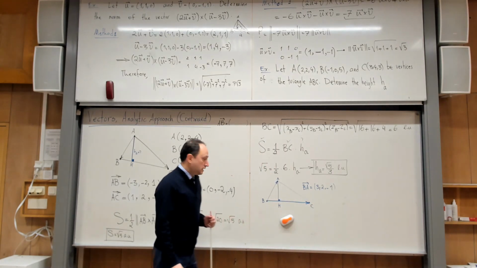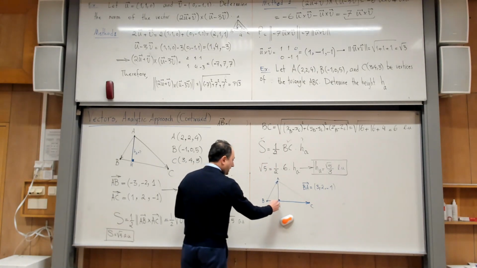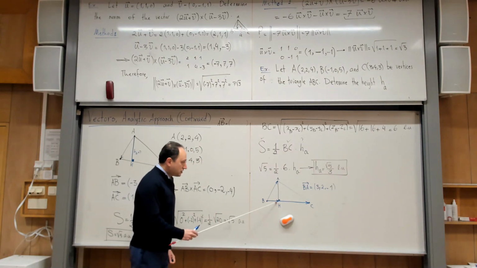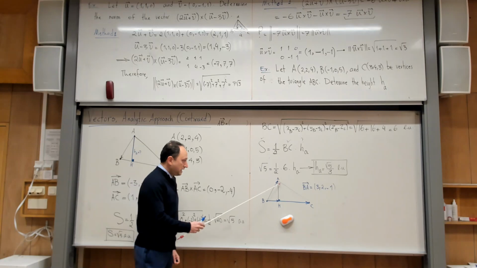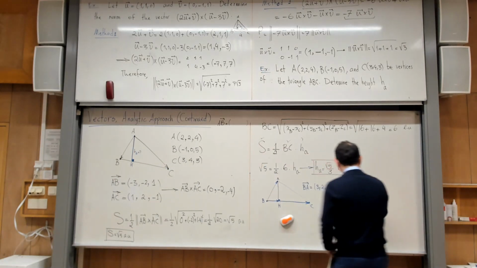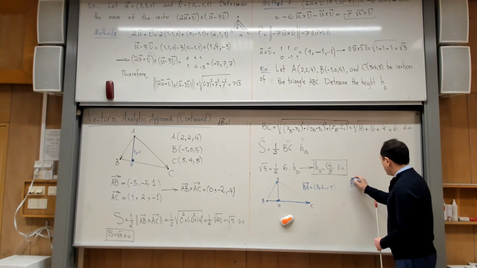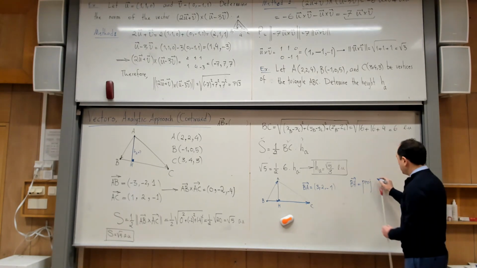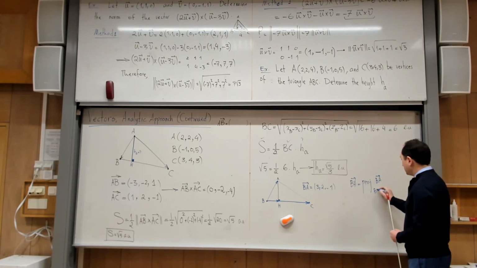Yes? And now if I ask you what is BH, what do you say? You see, BH is the projection of BA onto BC. Yes? So BH is the projection of the vector BA on vector BC.